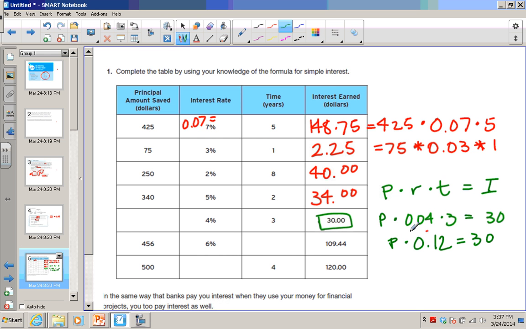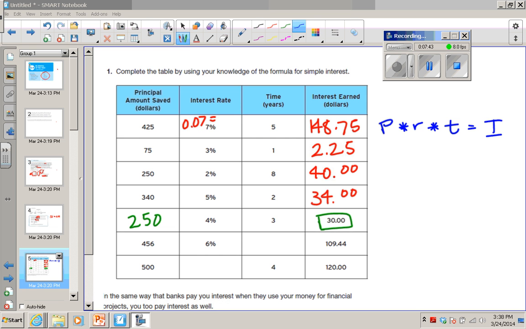If it were written like what you're used to seeing, you could see that we simply divide by our coefficient of 0.12, and that gives us a principal of 250. So this one's actually 250.